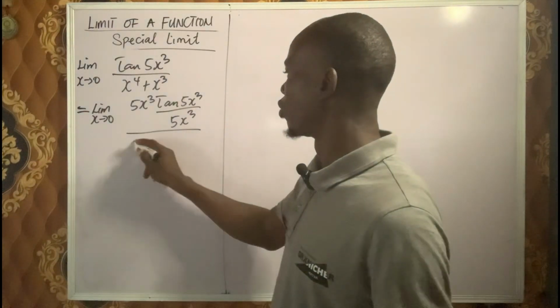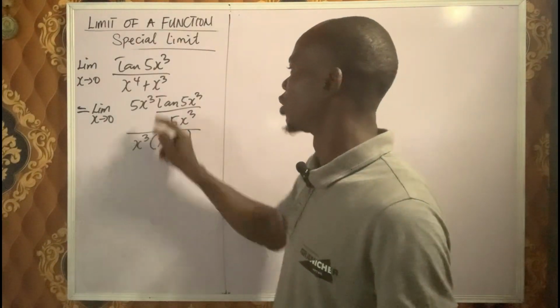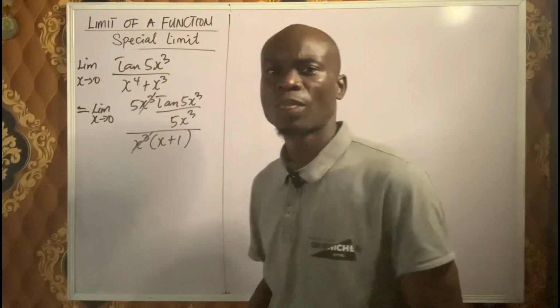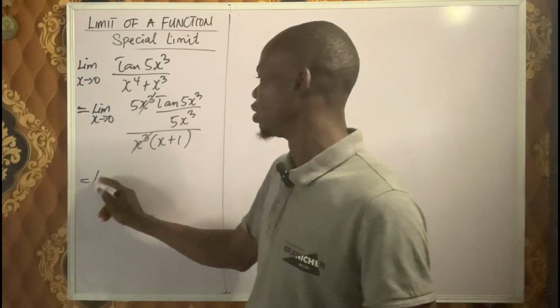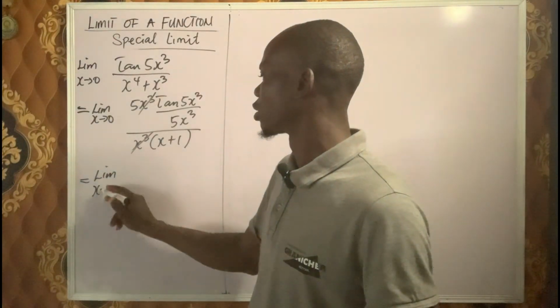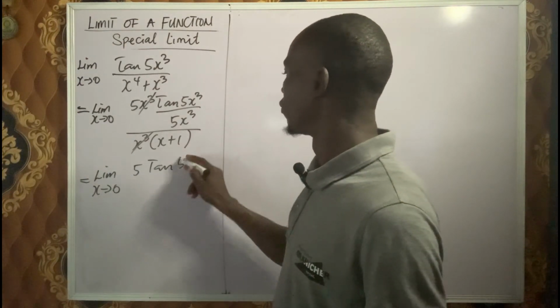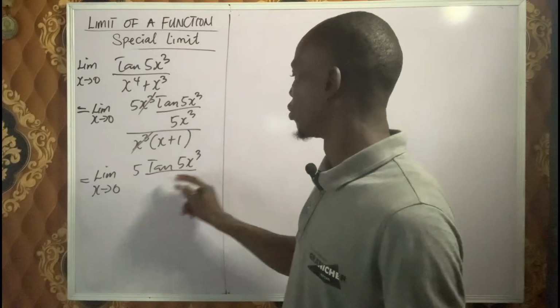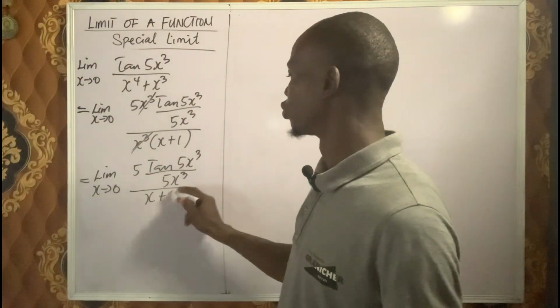Then the denominator x cubed is common, remaining x plus 1. So at this point, x cubed can go. Since x cubed is gone, what is left is limit as x tends to 0, 5 tan 5x cubed over 5x cubed, all over x plus 1.